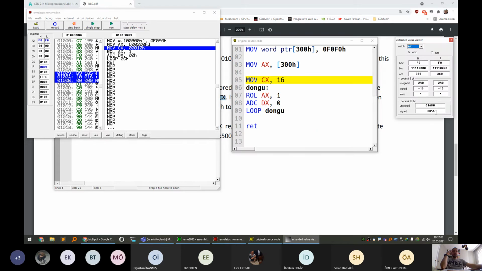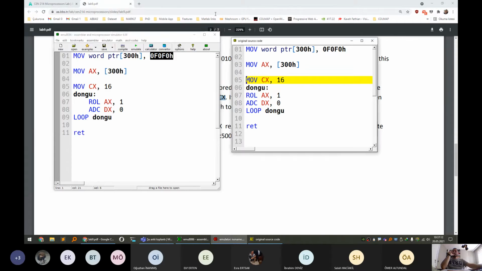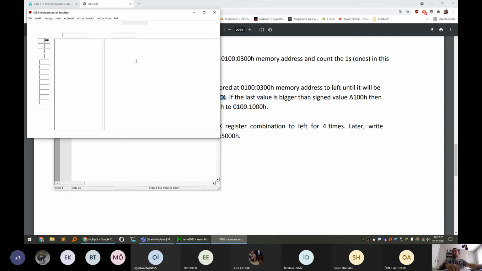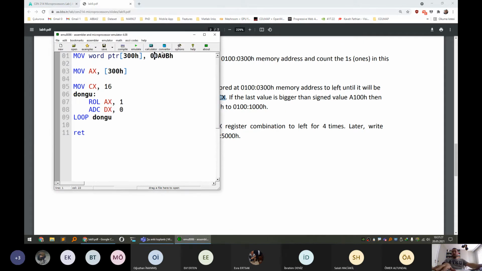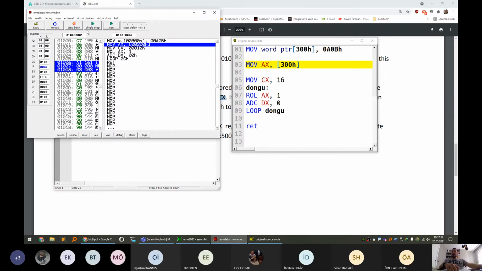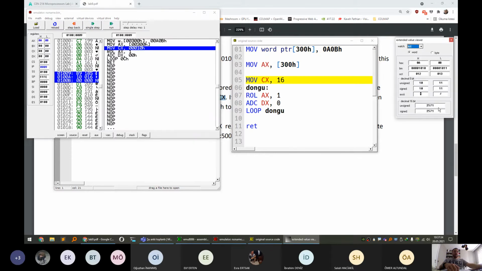This is a negative one, minus 3860. How can we put a positive one? You don't need to put 0 here. The value, let me open here, is the positive number 2571.